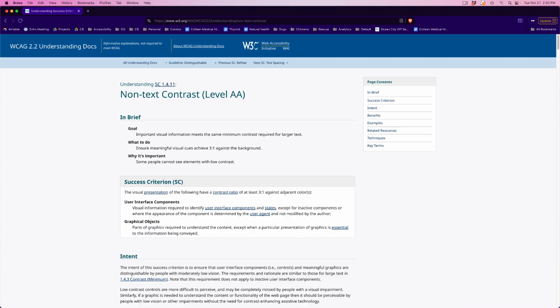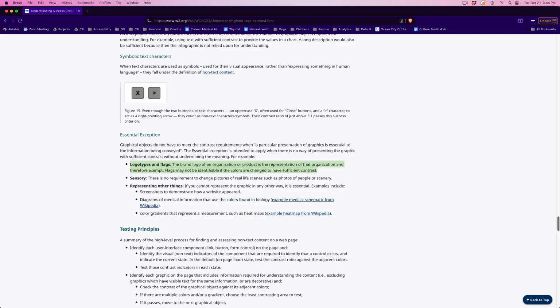Non-text elements are those that are considered meaningful as opposed to decorative. Examples of non-text elements could be a search icon in place of the word search, right? Or it could be a social media icon. This guideline calls for non-text elements to have a minimum contrast ratio of 3:1 against their backgrounds. Again, though, logos are exempt here, and that's because a logo has a specific visual representation for a brand.